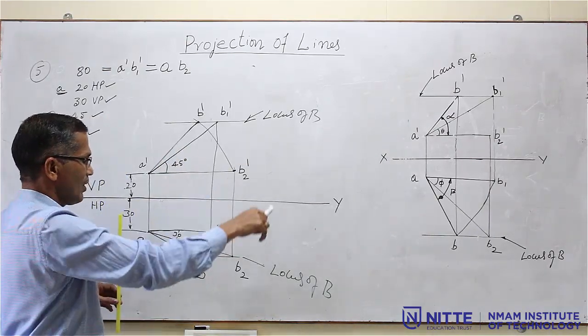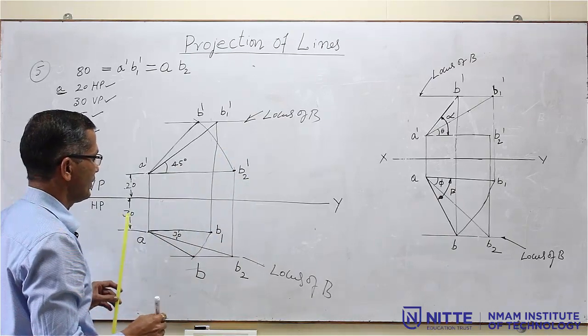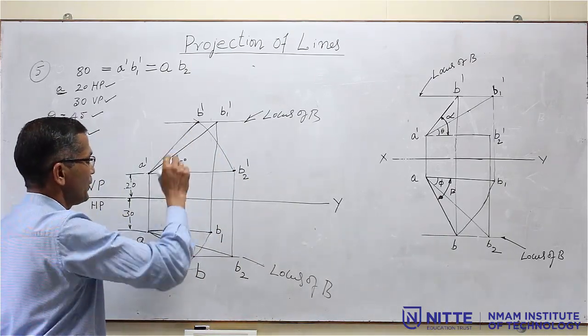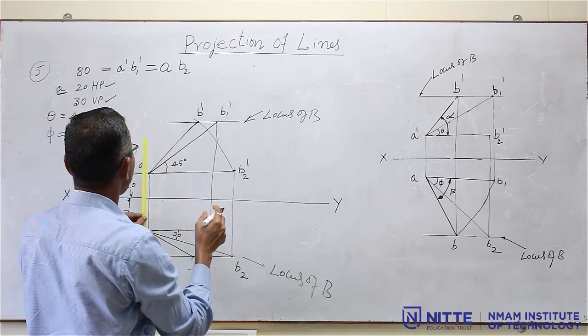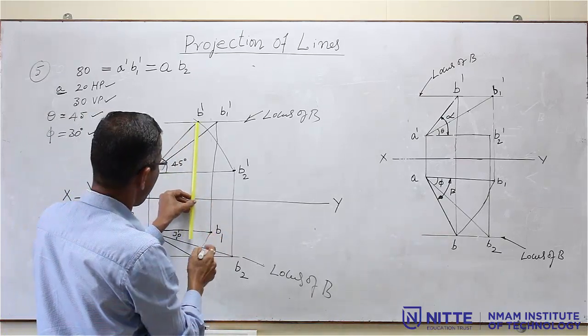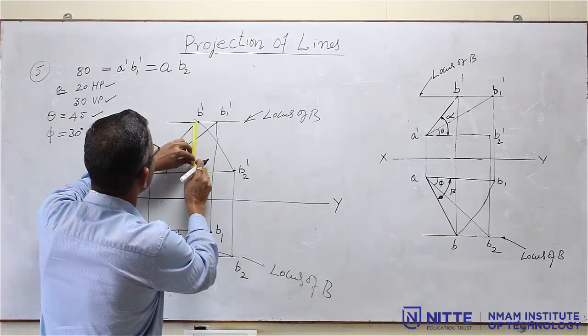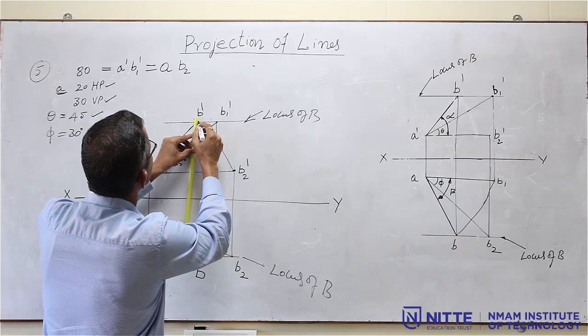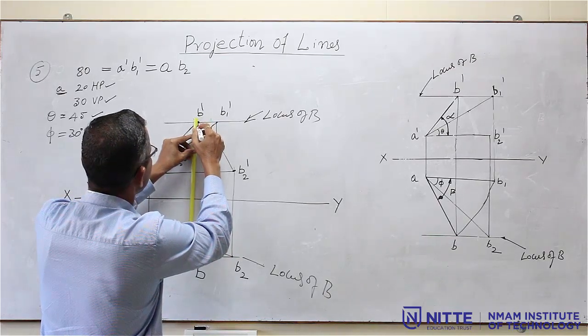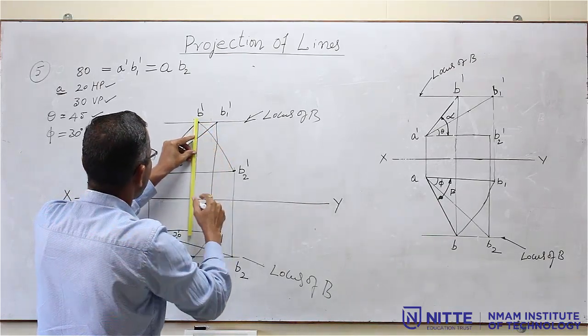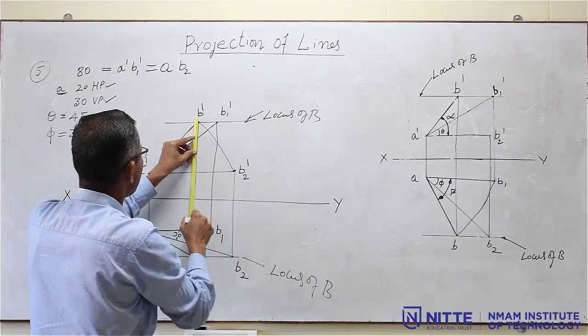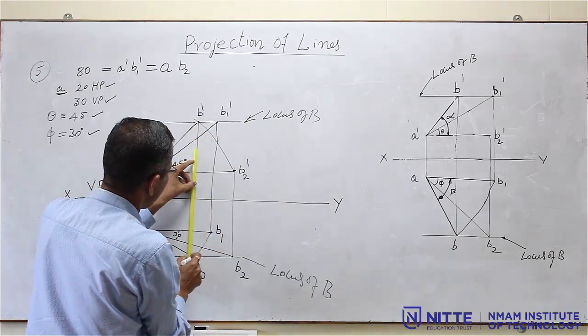If your constructional work is proper, then the solution will be proper and you will get this B dash and B in the same vertical line. It will be in the same vertical line. You have to join it by a light line, using the 2H pencil.